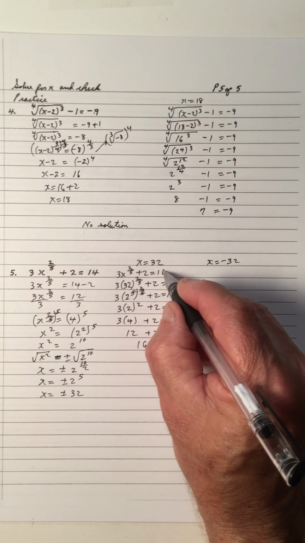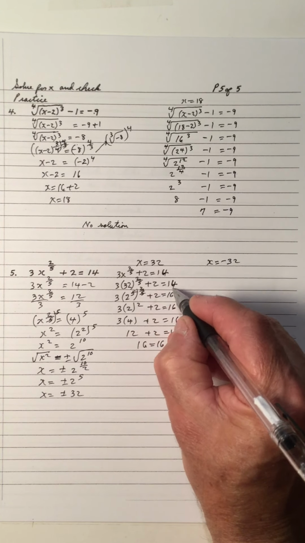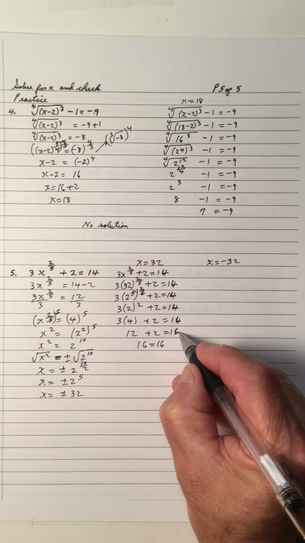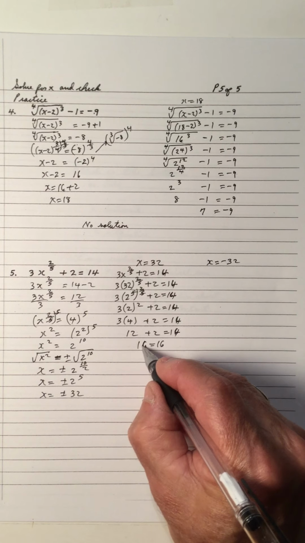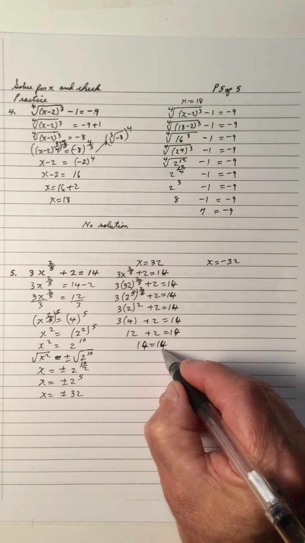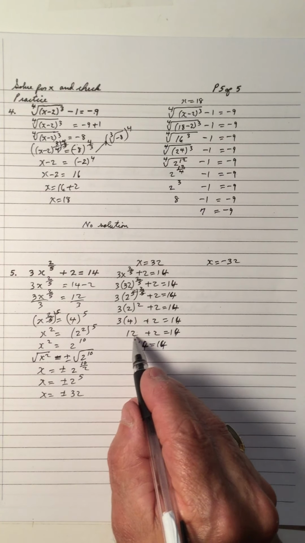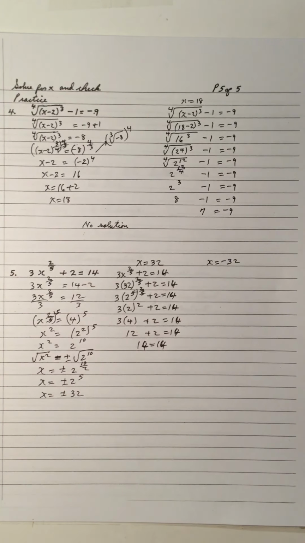Now, oh yeah, see what happened? I've got to be careful. Why I put 16 here was just a mistake, and why I called 12 plus 2 is 16, that's part of what I call a little learning.